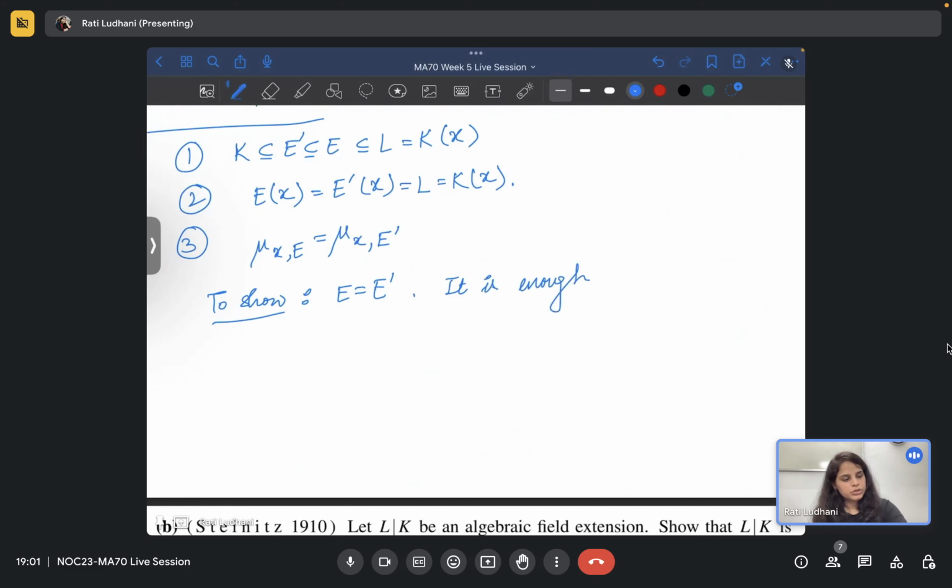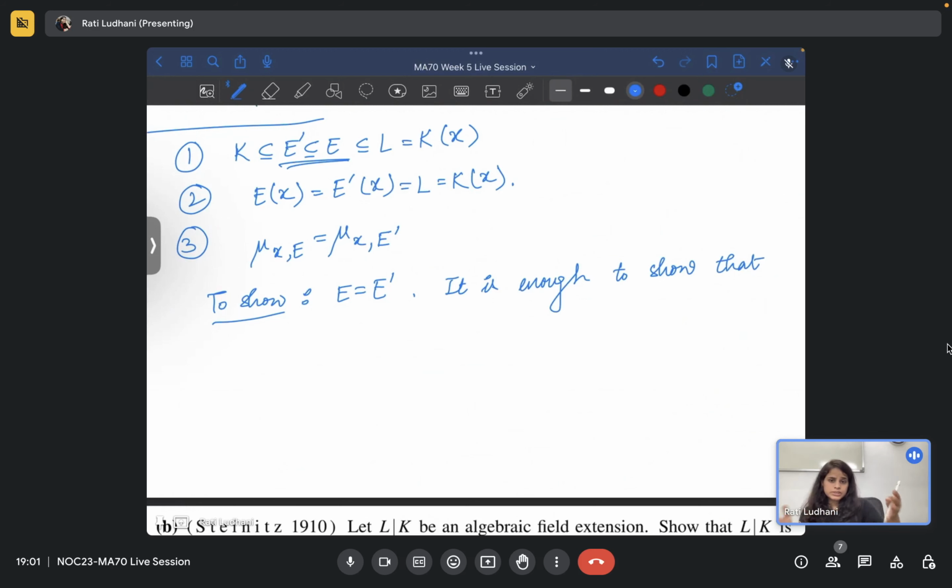So one containment you already know, and these are vector spaces. So one is contained in another, and now you have to show that these are equal.